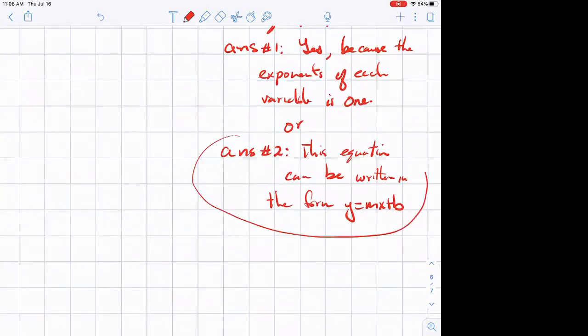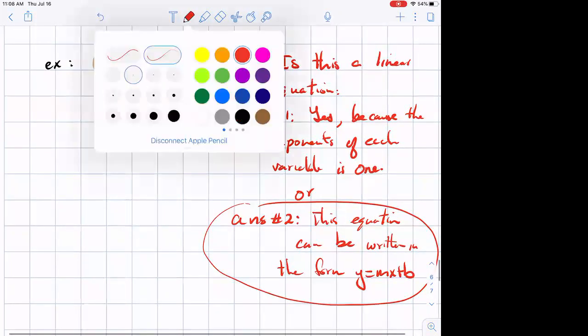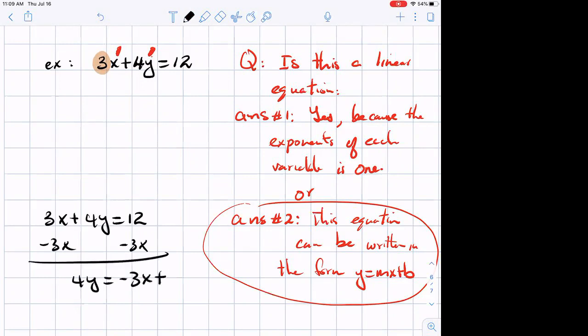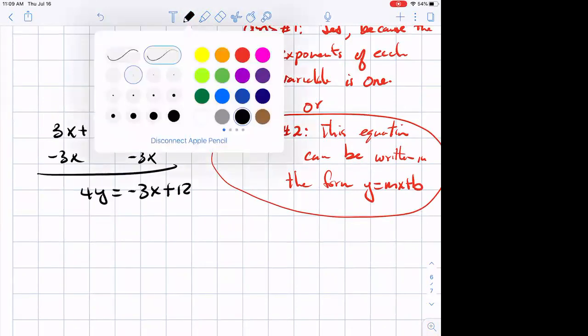This means you can take 3x plus 4y equals 12. You can subtract 3x on both sides. You get 4y is minus 3x plus 12. And then you divide every term by 4.